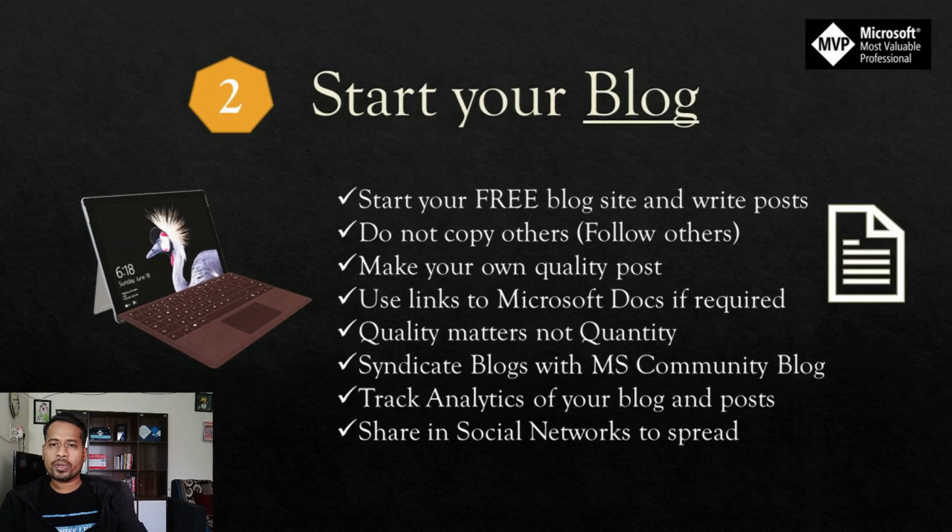So do not copy others, write your own post, and regularity and consistency matter in blogging. If you are writing a blog, then please maintain the timeline. Ask yourself how much time you can give per day, per week or per month. If you can give 1 hour per day, give 1 hour per day and publish an article in 2 days. One article in 2 days.